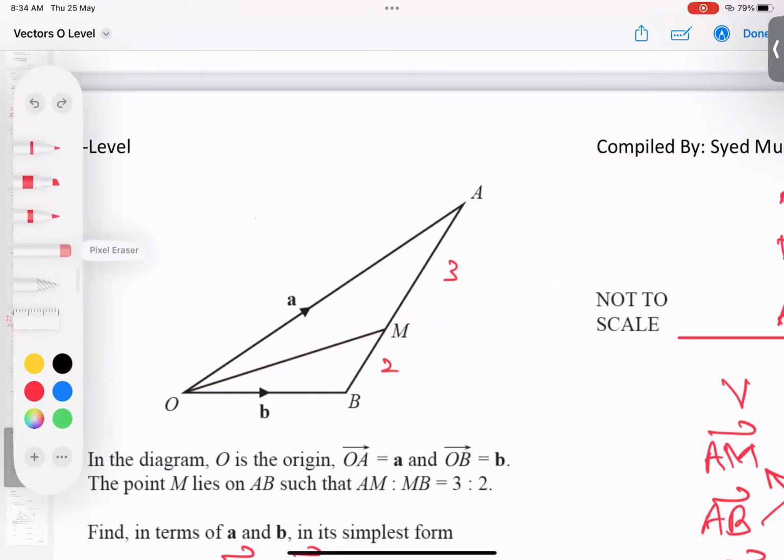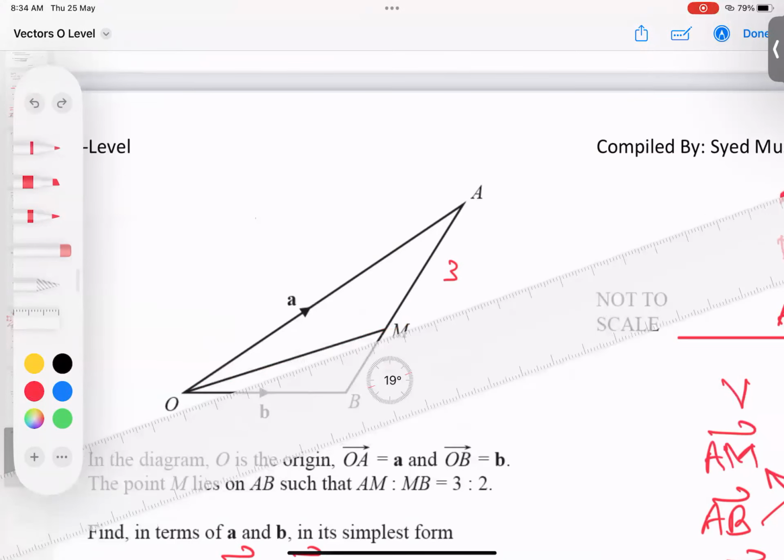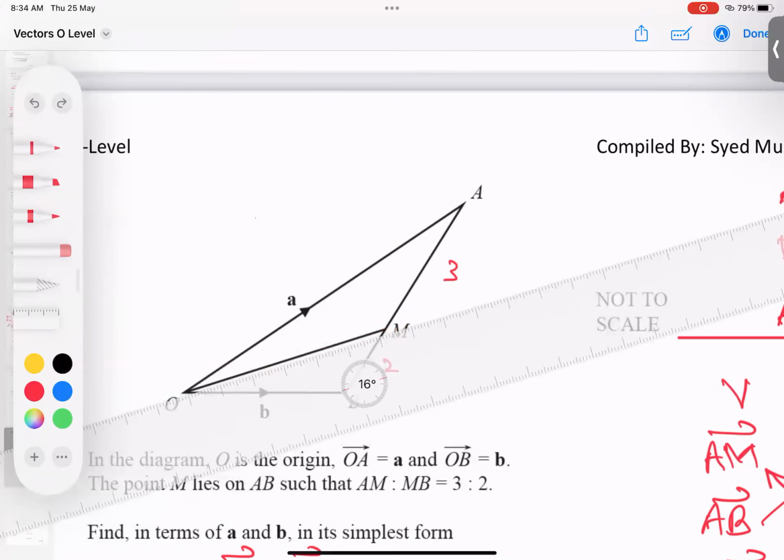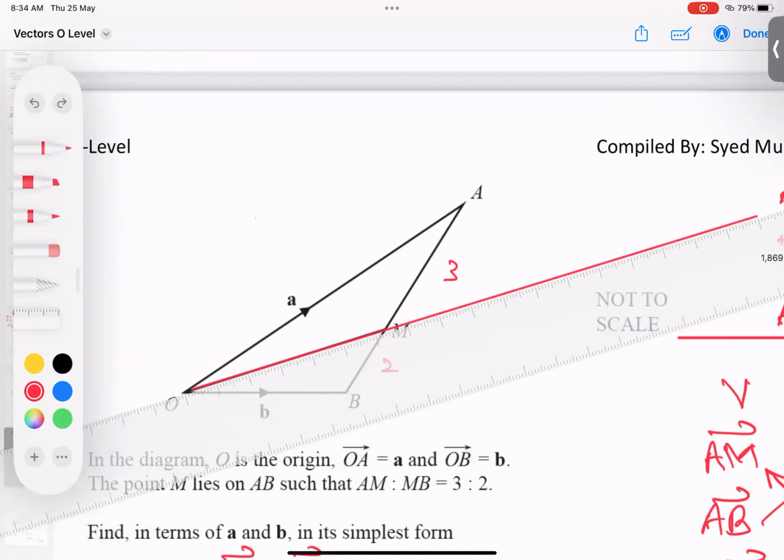I take a scale, so better. Stop here. Okay. All right. Slightly more here. You ask why slightly more, sir?